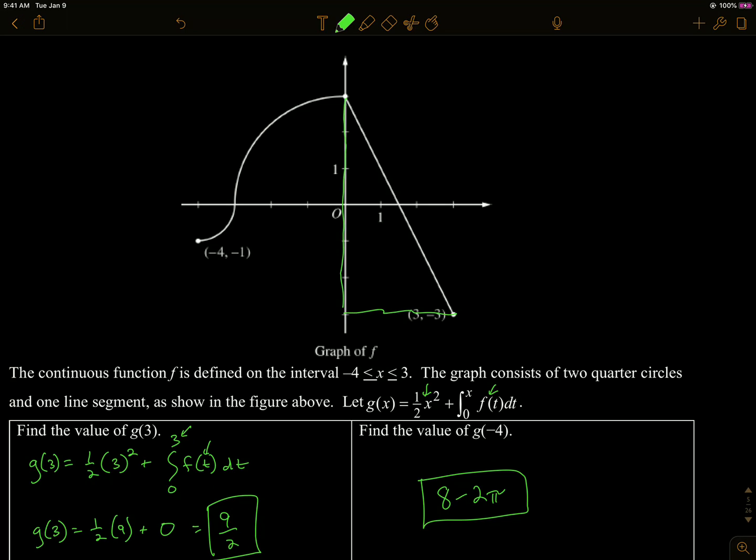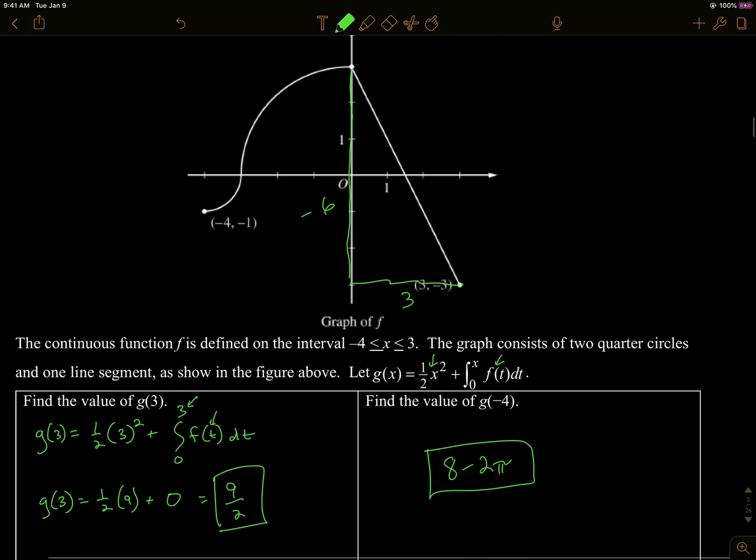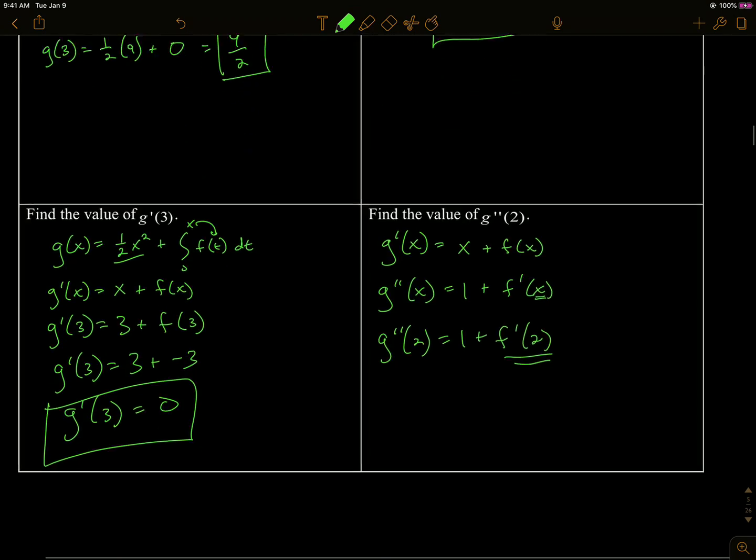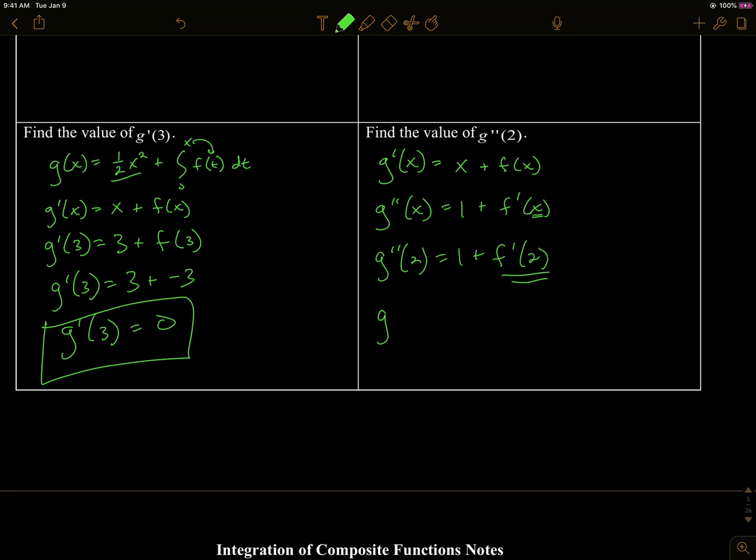So it looks like it's -6 over 3, so it's going to be -2. So that slope is -2. So I'm going to get g double prime of 2 equals 1 plus -2. So g double prime of 2 equals -1. Oops. All right.